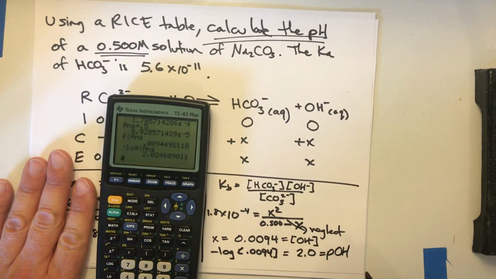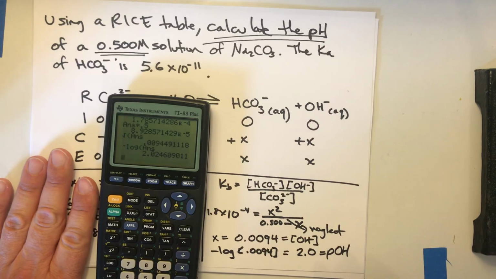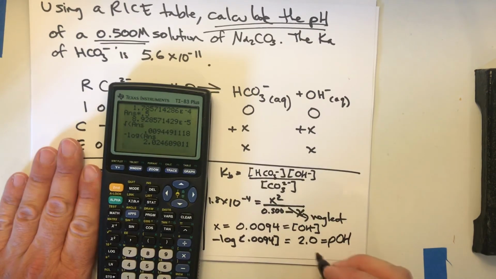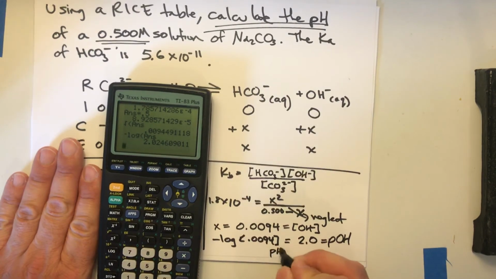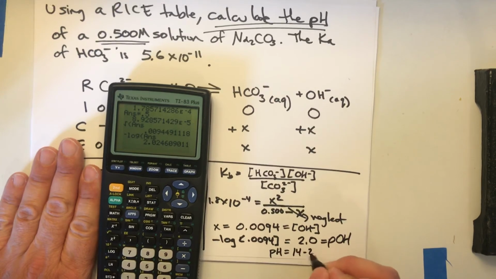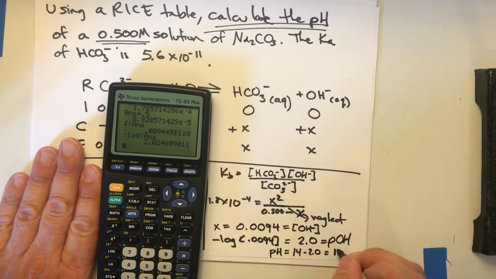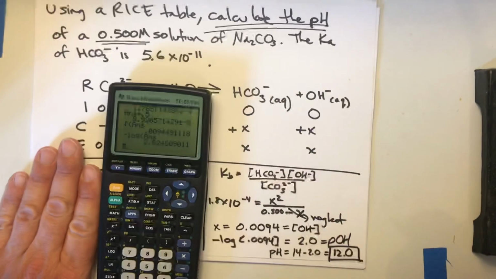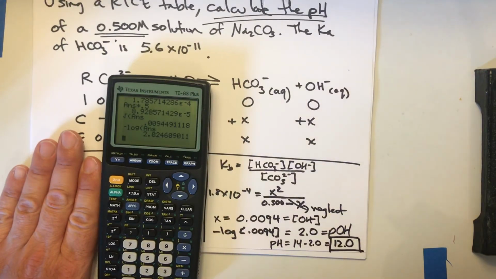Because we're at 25 Celsius, we can subtract that from 14 and get that our pH is going to be 14 minus 2.0, which is going to be 12.0. And that's how we solve the problem of the pH of an ionic compound that contains the conjugate base of a weak acid.